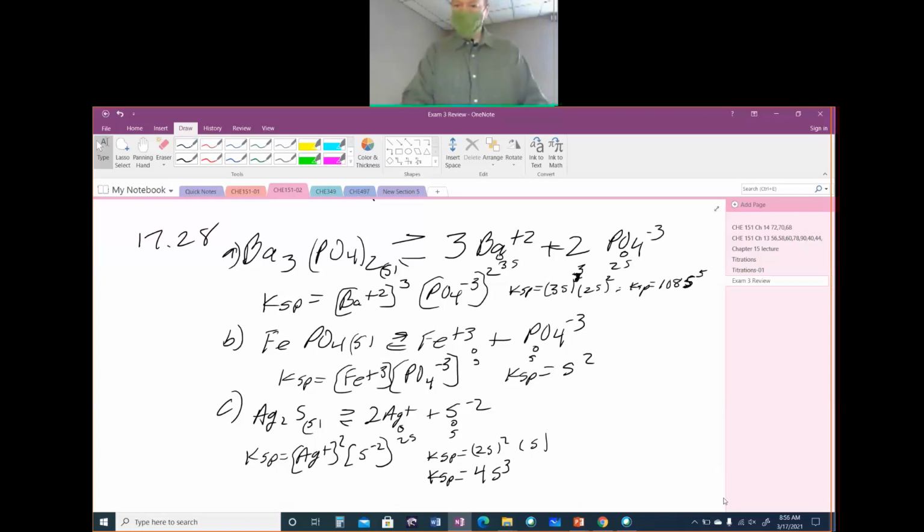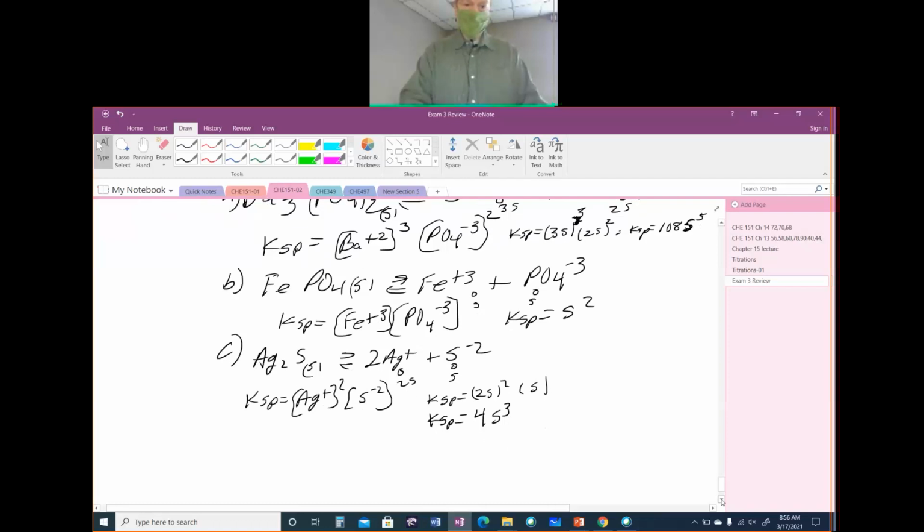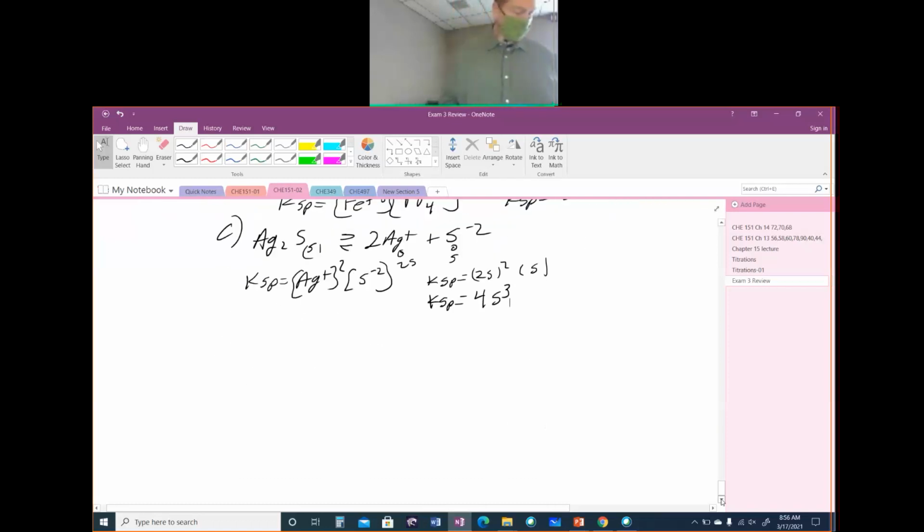Then the last one in problem 17.28 is lead 2 iodide. All right, and so that's a solid. Lead plus 2, 2I minus.